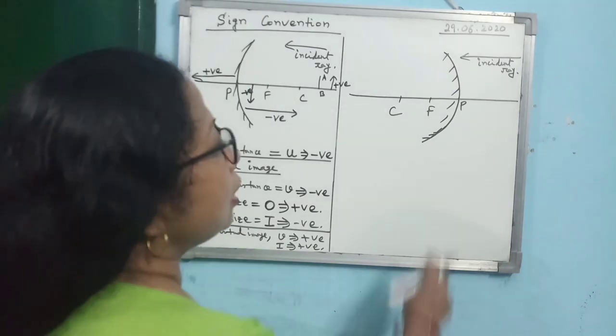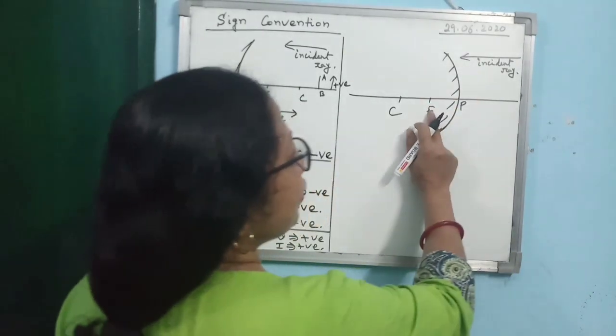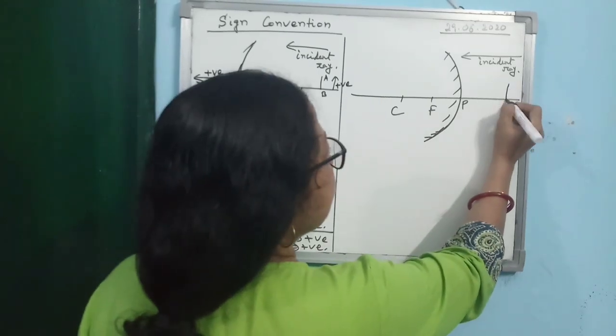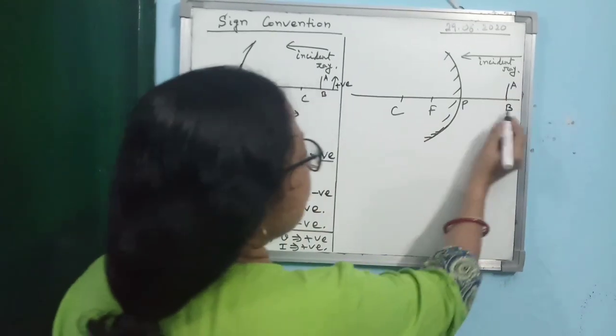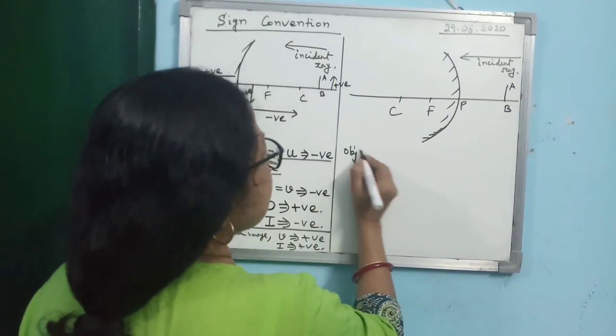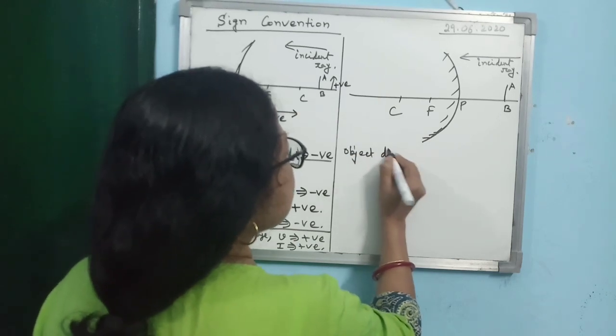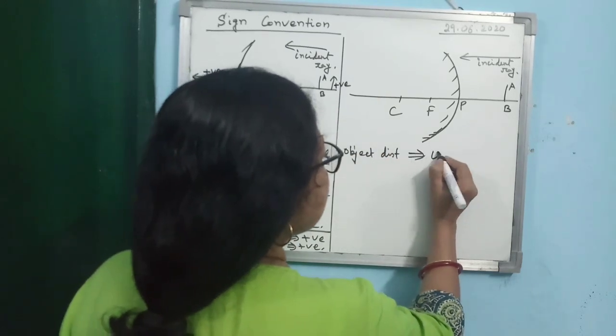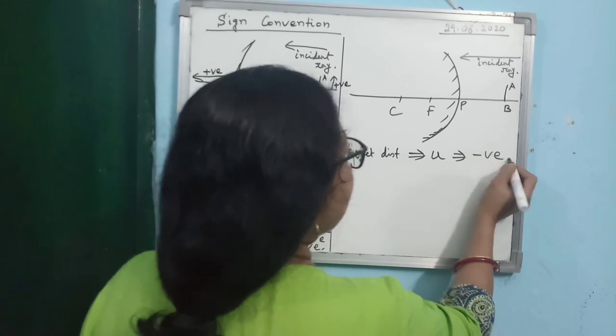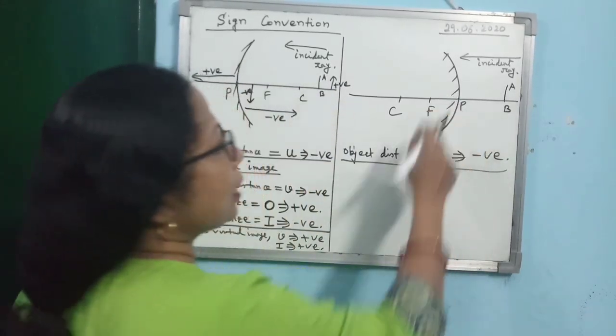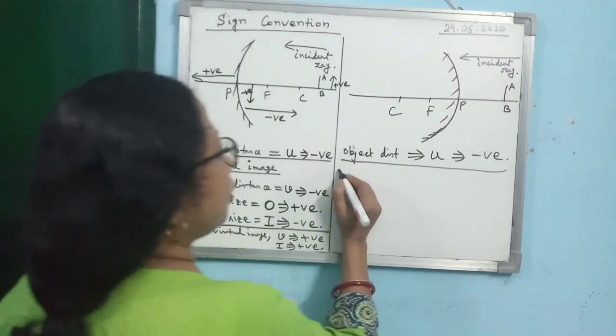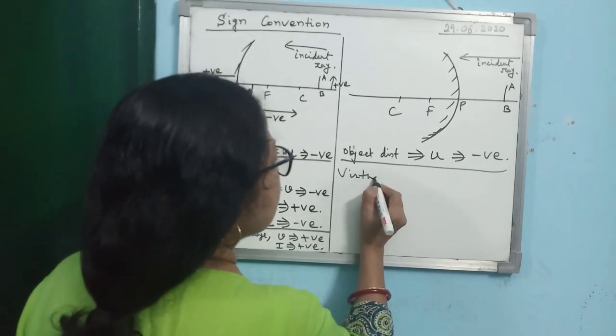Now come to the convex mirror. For a convex mirror also, if you consider AB is the object, then object distance U is always negative. Now for a convex mirror, a virtual image is produced, never a real image, isn't it?